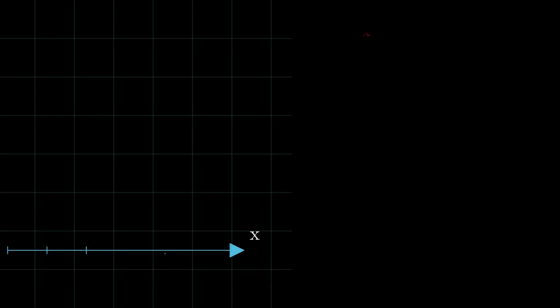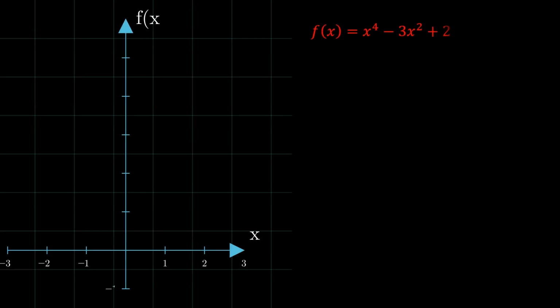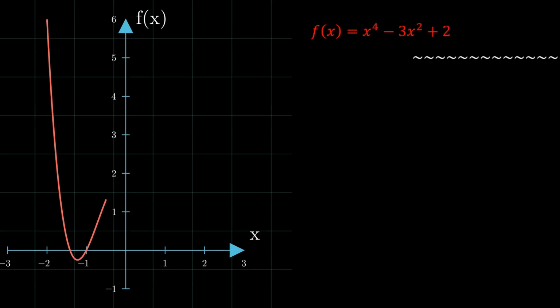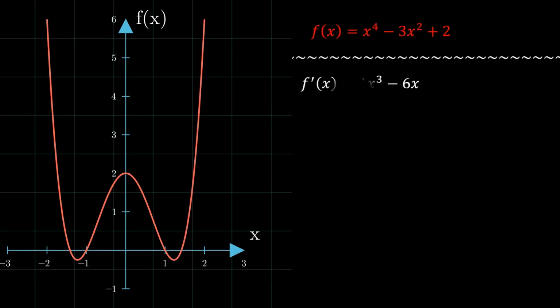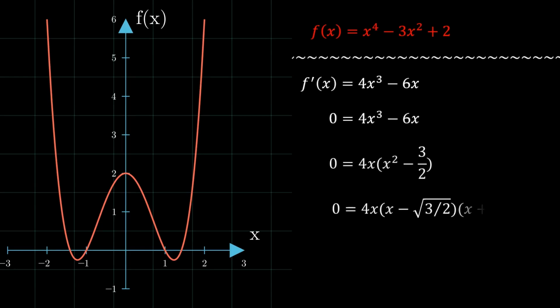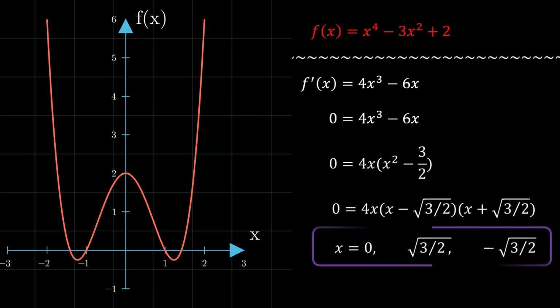Let's solve one more example. Consider a function f of x equal to x to the power 4 minus 3x squared plus 2, which has derivative f dash of x equals 4x cubed minus 6x. After putting this expression equal to 0, we get the following values of x.